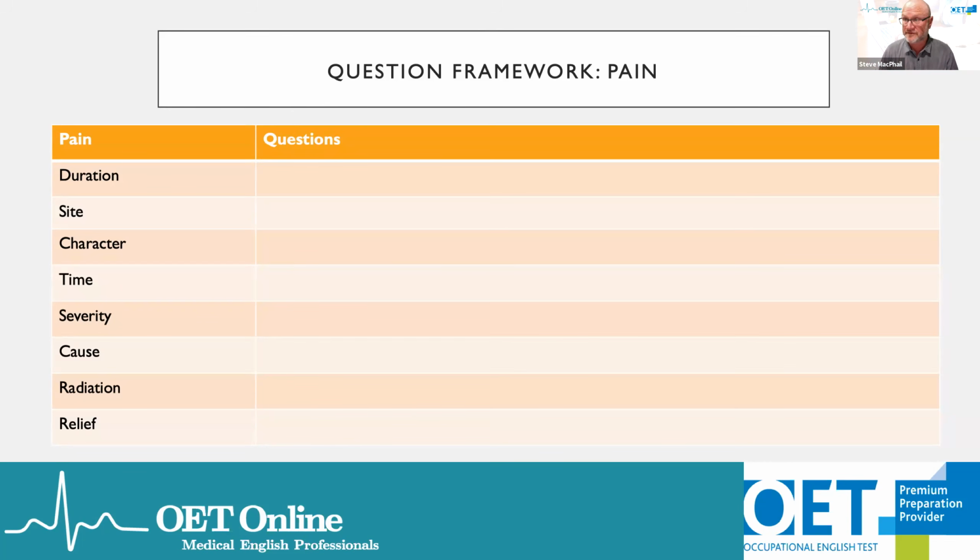The duration of the pain, the site of the pain, the character or the nature of the pain, the time, perhaps when it happens or when it first occurred, the severity of the pain, the cause of the pain, again, the nature, whether it radiates, and relief, what has been done regarding that pain.